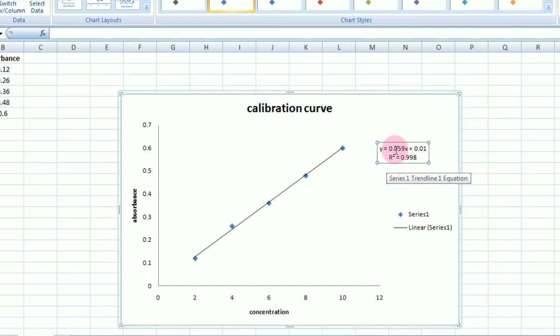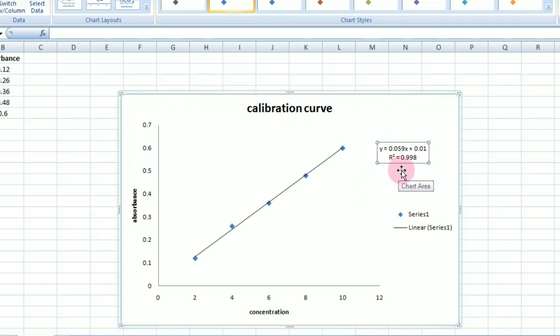The slope value is 0.059 and the intercept value is 0.01. This equation we are going to use for determining the concentration of the unknown sample.